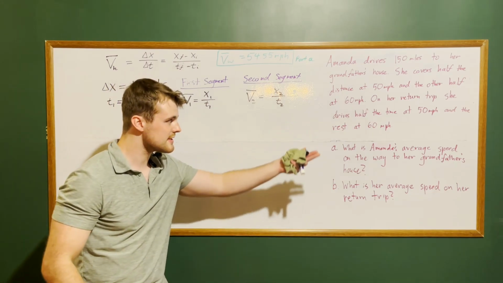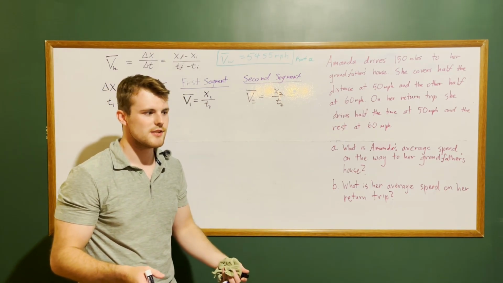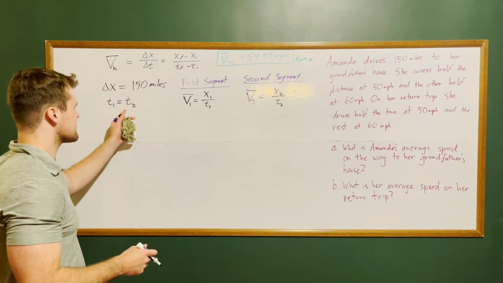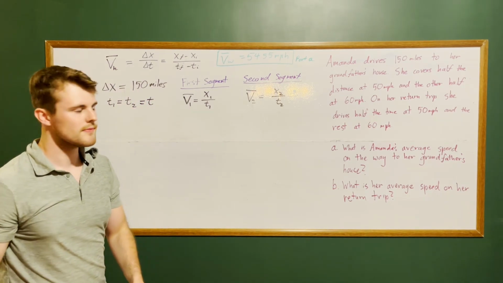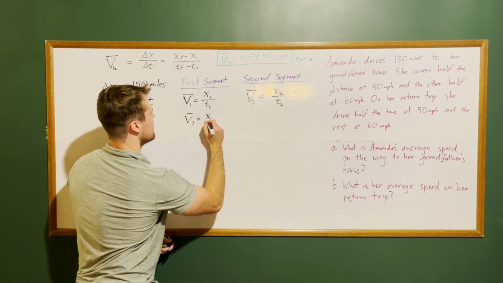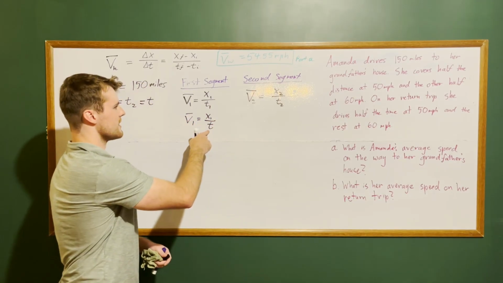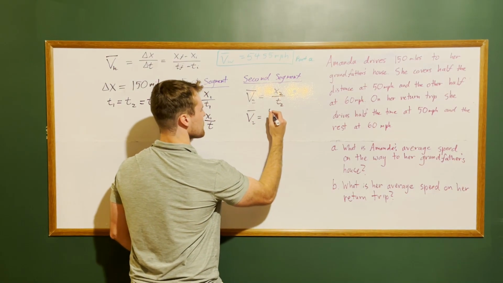Half the time she's going 60, the other half of the time she's going 50. So I can just say they're the same and assign it to some arbitrary variable t. So I'm going to rewrite this in terms of this variable t and this equation as well.